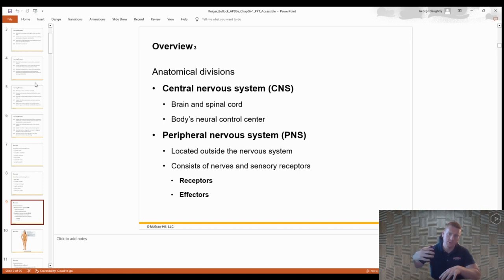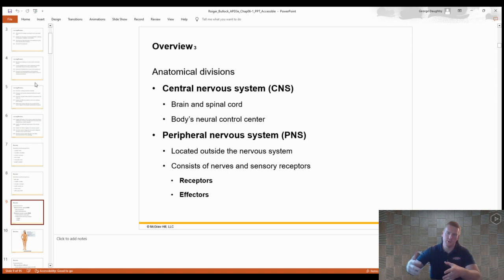The brain signaled a response and probably a portion of the spinal cord. It's going to send effector feedback through the peripheral nervous system back to my hand. My bicep is going to contract in order to pull my hand away. That whole series of actions is nervous system functioning.